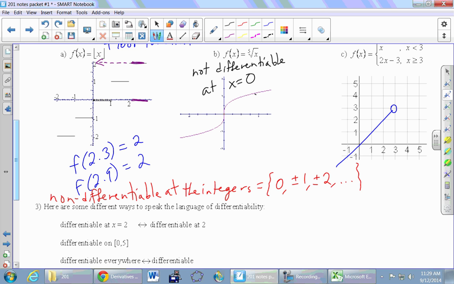So there's the first part. And then the second part, 2x minus 3 is just another line, right? Slope is 2, y-intercept is negative 3. What we're going to do is graph that line by first finding where it starts. So when the rules change at x equals 3, I got to know where this bottom line is.